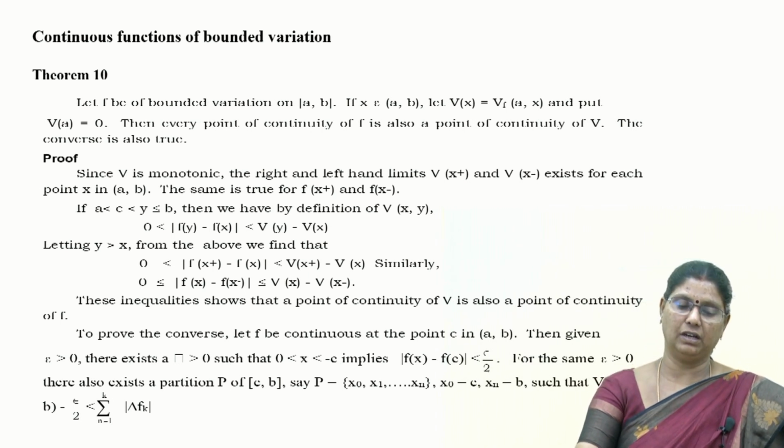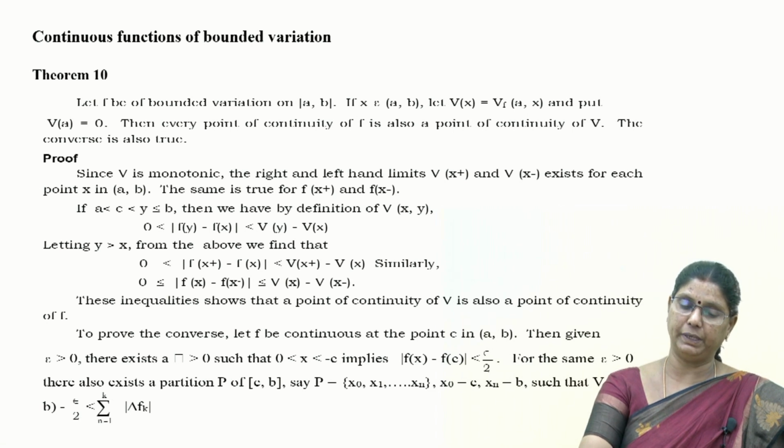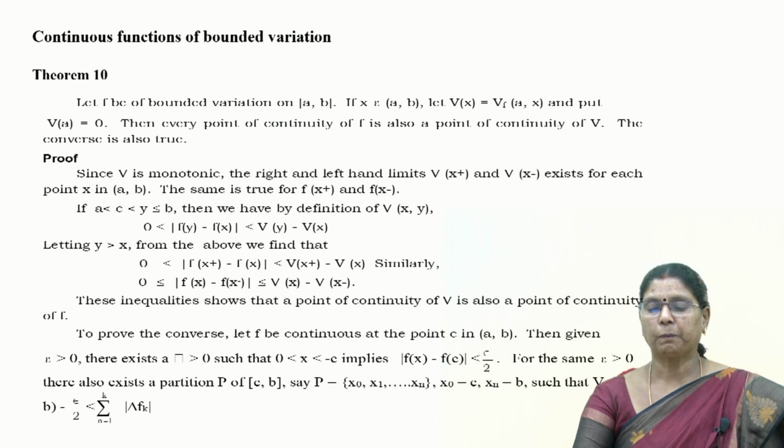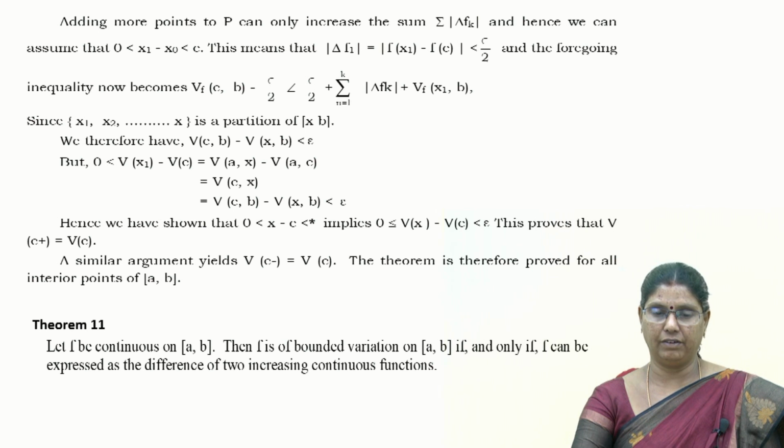For the same epsilon, there also exists a partition P of the closed interval [c, b], say P running from x0 to xn with x0 equal to c and xn equal to b, such that the total variation V_f(c, b) minus epsilon by 2 is less than the sum of modulus of delta f_k.